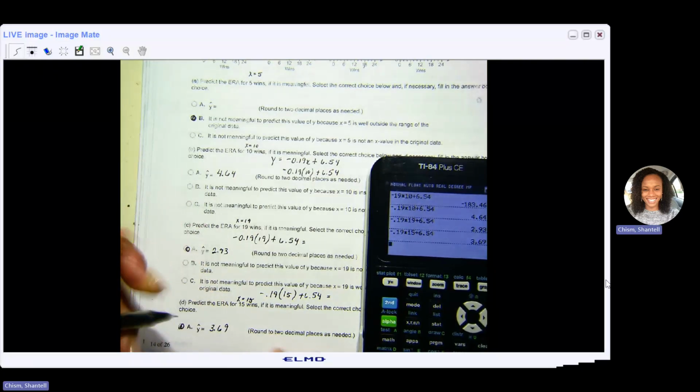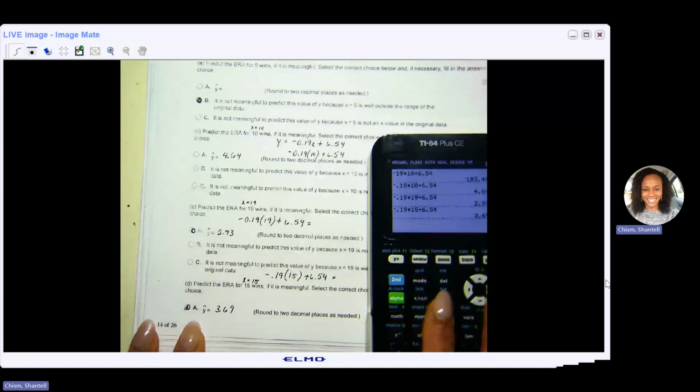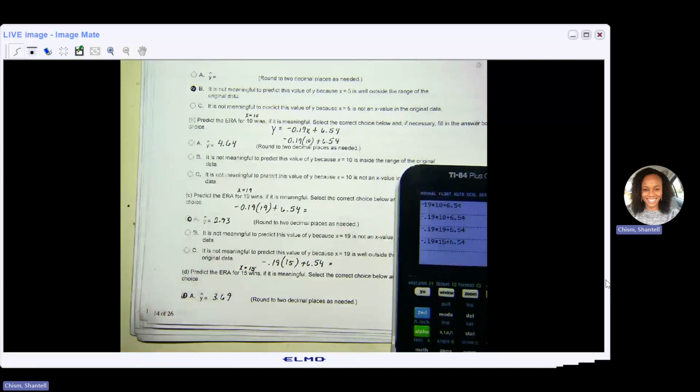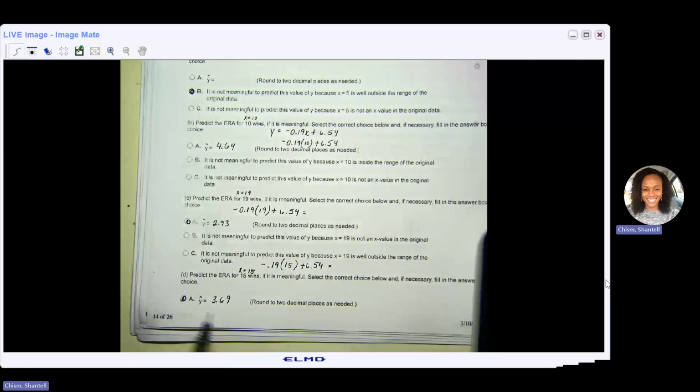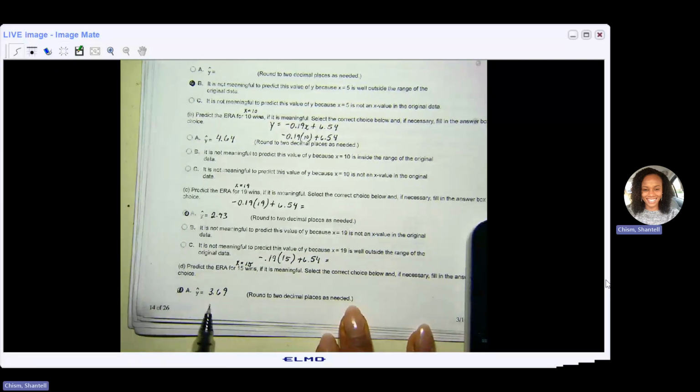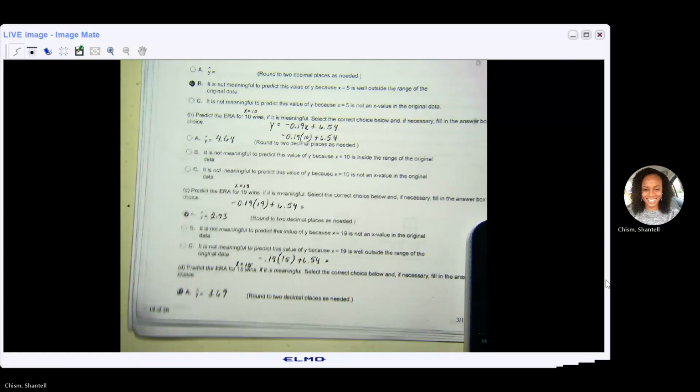And like I said, in the back, they'll be slightly different because they did not use the rounded a and rounded b value in your equation. But the computer will accept the answers here because rounding is legal. You can round. All right.